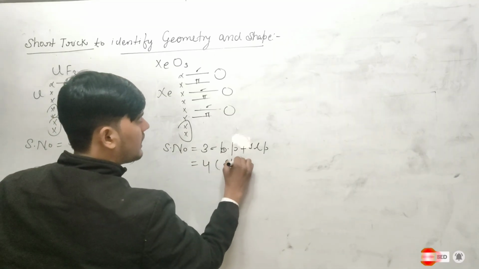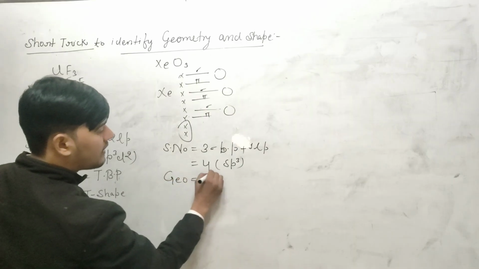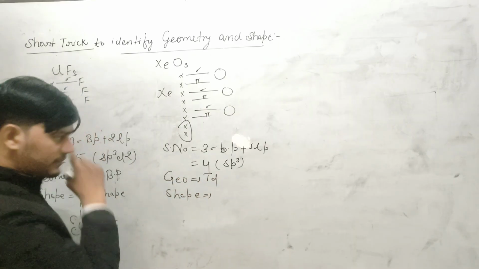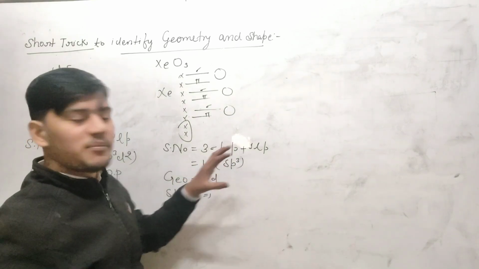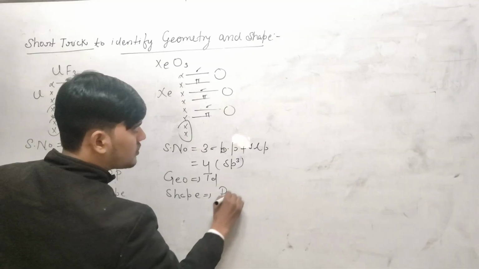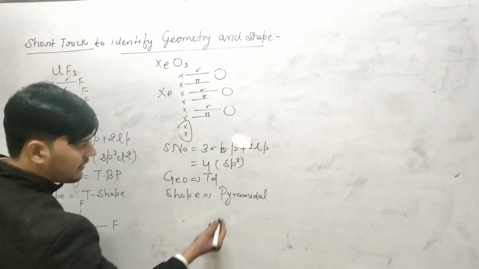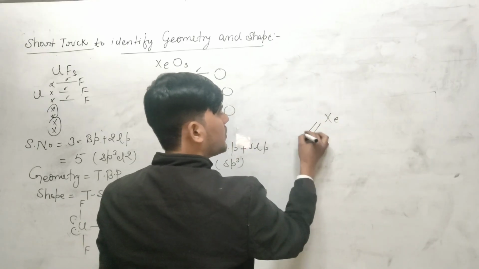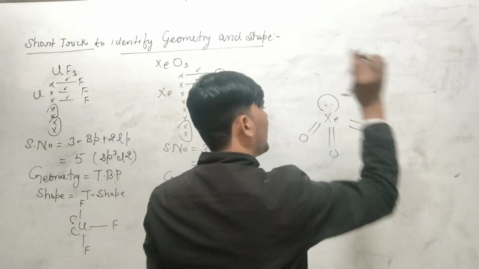So the hybridization will be sp3, the geometry will be tetrahedral, and the shape, with 3 sigma bonds plus 1 lone pair, is pyramidal, NH3 like. So its shape will be pyramidal and the geometry tetrahedral, and it will be like this, XeO3, and this one lone pair.